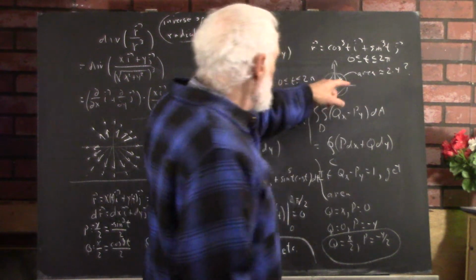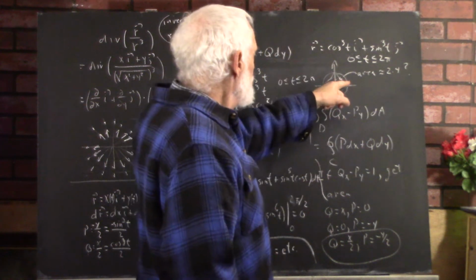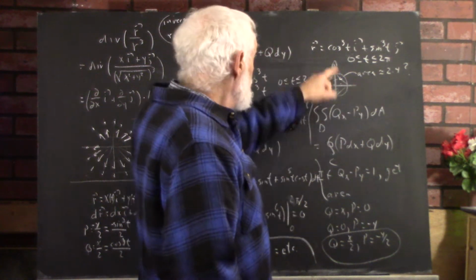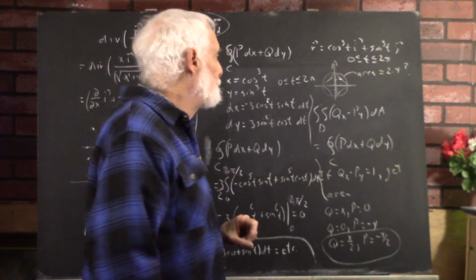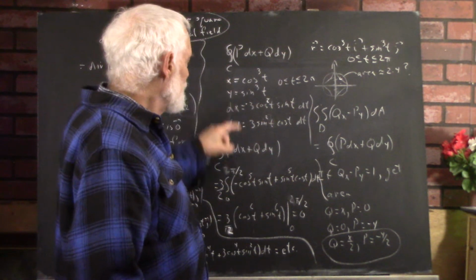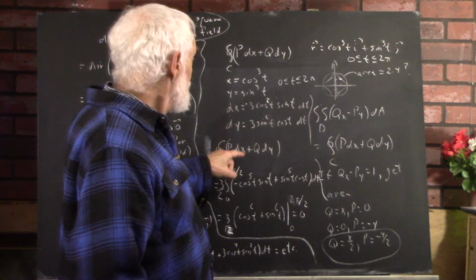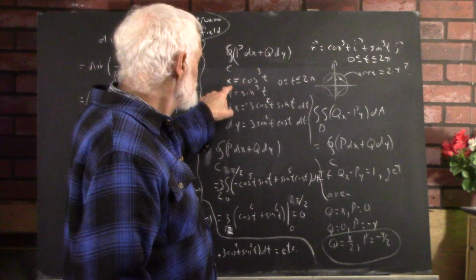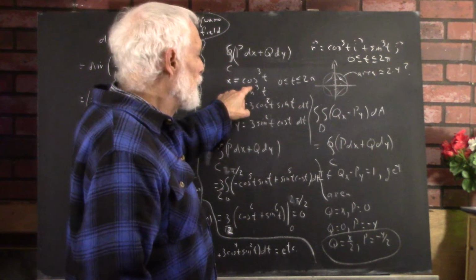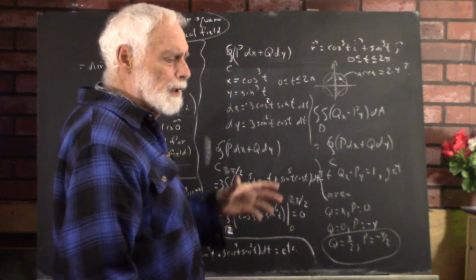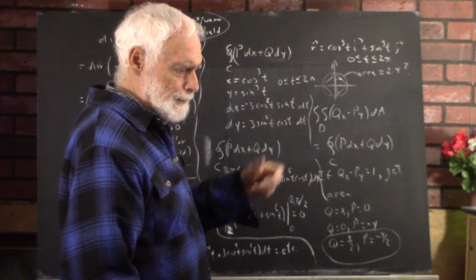Now, trace over here. If I'm moving in this direction, my dx is negative. Moving in this direction, my dx is negative. And if I do x dx, my cosine cubed of t is always positive.